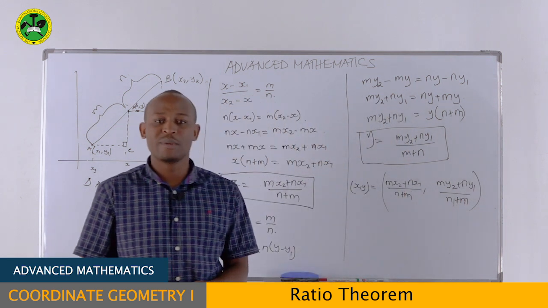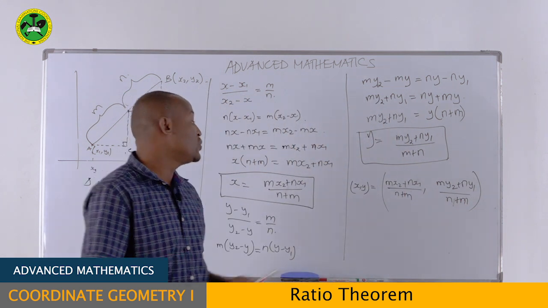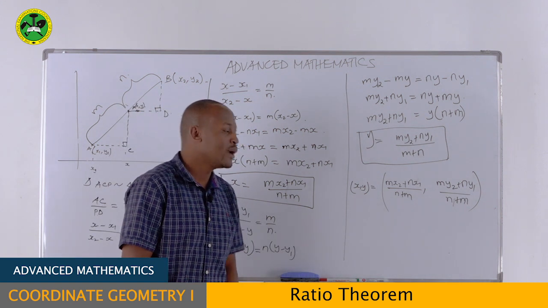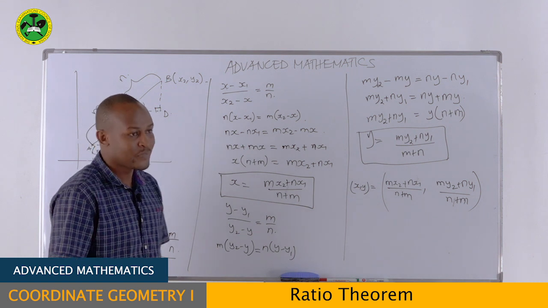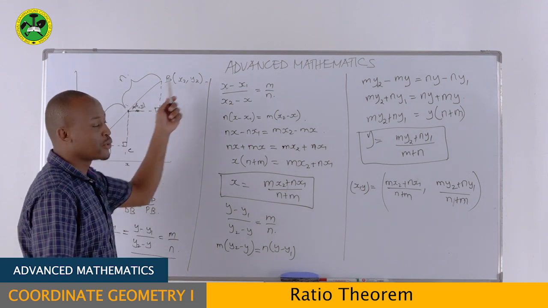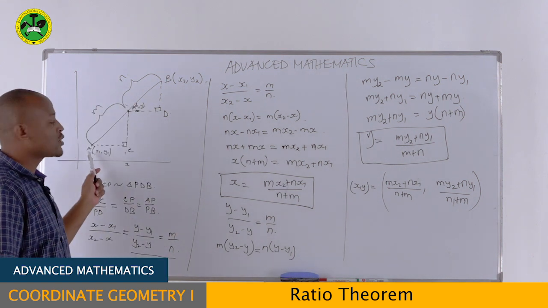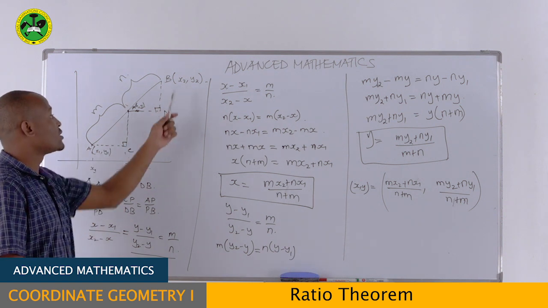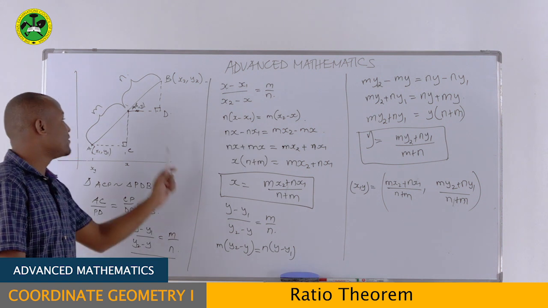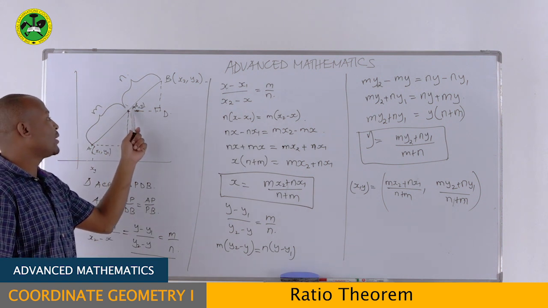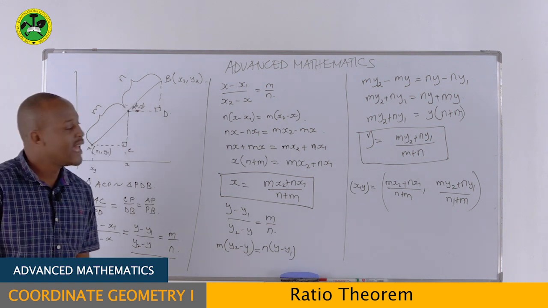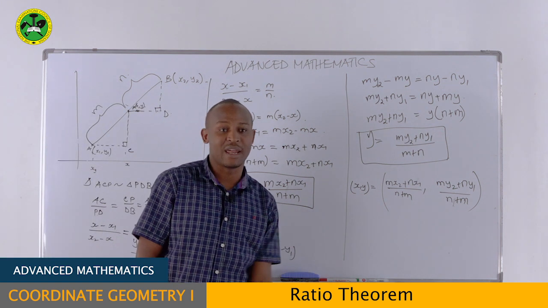So that will be the formula used to find the coordinates when the line is divided internally by that ratio m:n. The points were A (x1, y1) and B (x2, y2), divided internally by the point P (x, y) in a ratio m:n, and this will be our formula now.